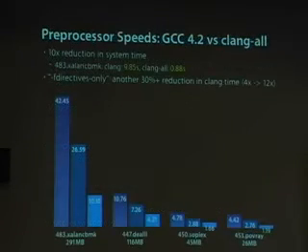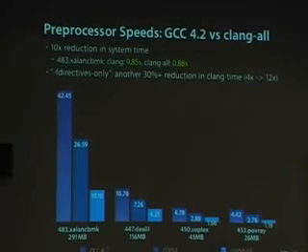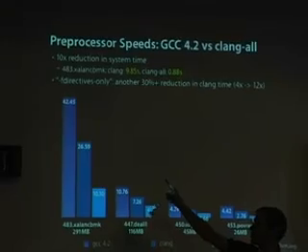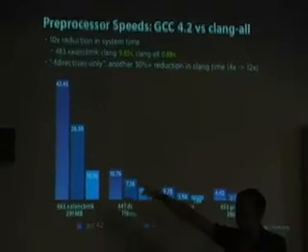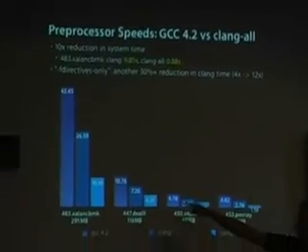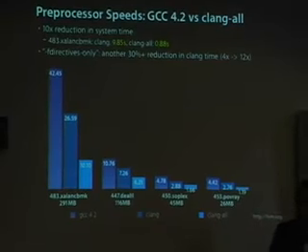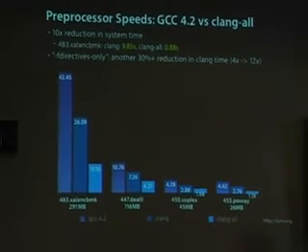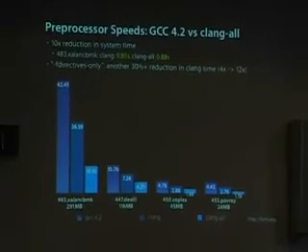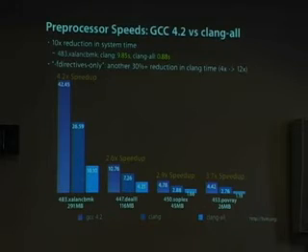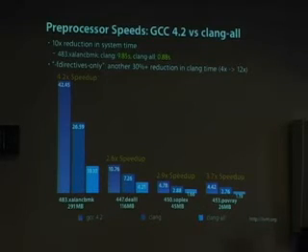So the three bars here are, the left bar is GCC 4.2, the middle bar is the Clang number I showed you before, and the third bar is the number with just caching file system related information, right? And what I found is that this is a huge speed increase, and for obvious reasons, right? I mean, you get between a 4.2 times speed up and a 2.6 times speed up, which is 3.3 times average.